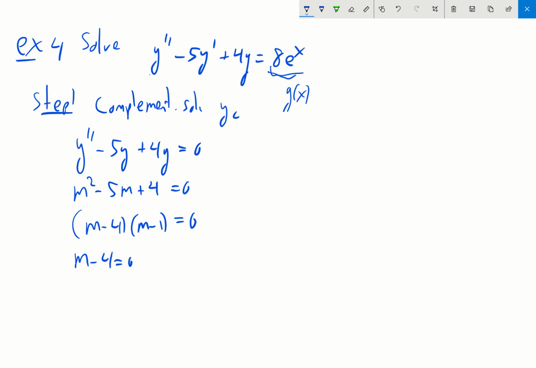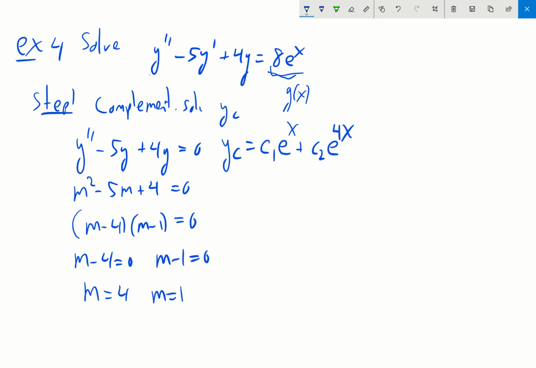We get m minus 4 equals 0, m minus 1 equals 0, and thus we get two distinct real roots, m equals 4 and m equals 1. So the complementary solution in this case is going to be c1 e to the 1x plus c2 e to the 4x.